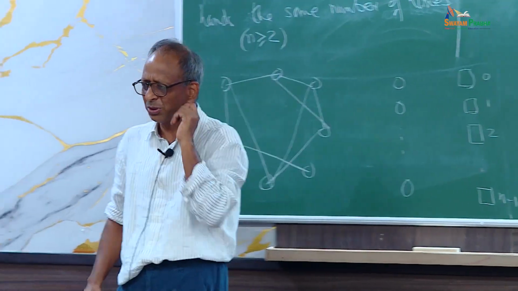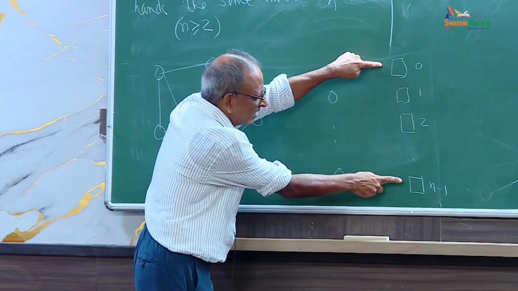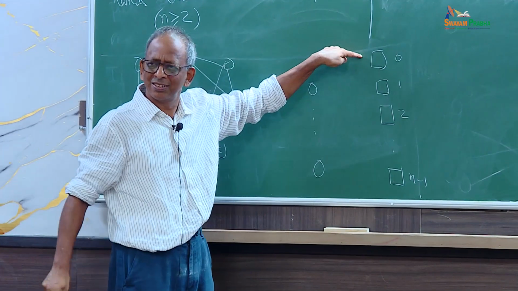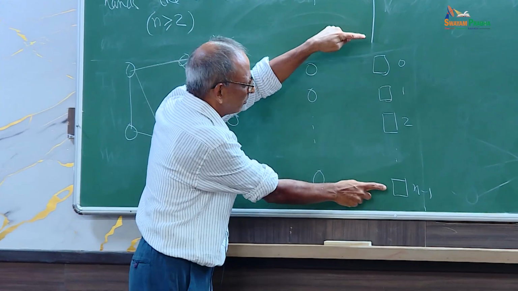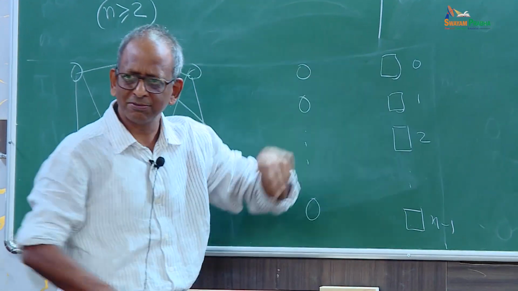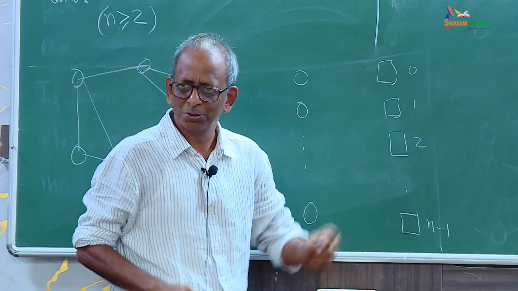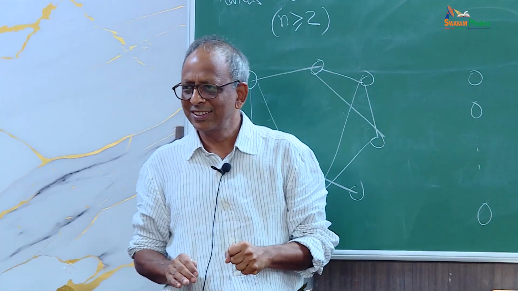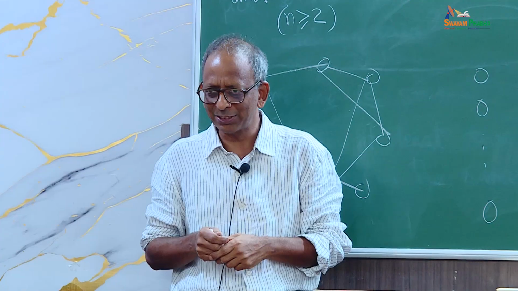In any party, can this bin and this bin both have people? If both can't have, why? Because if there is somebody who's been standing aloof, then nobody could have shaken hands n minus 1 times.